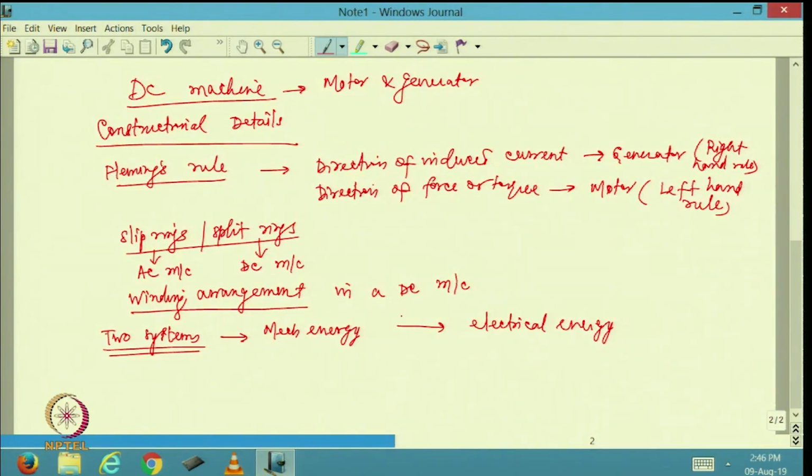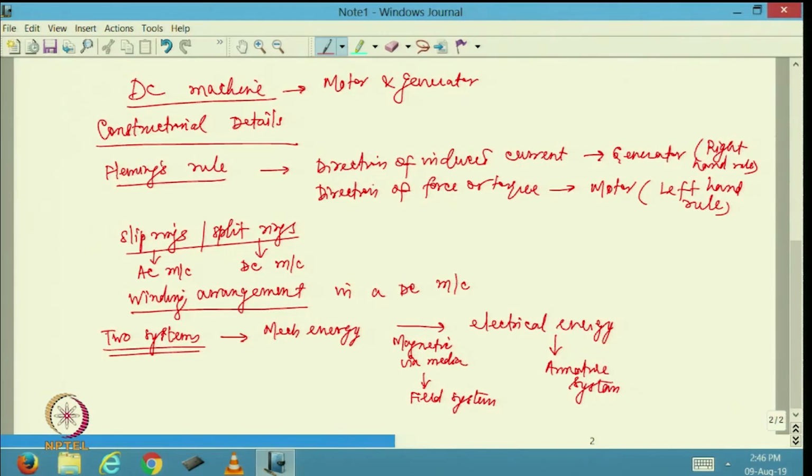But this happens always through a magnetic media, right. So, if we require a magnetic media, first of all I will need a field system which will create the magnetic field, and whenever electrical energy is ultimately given out in a generator or taken in a motor, this will be through a bouquet of conductors which is generally known as the armature system.